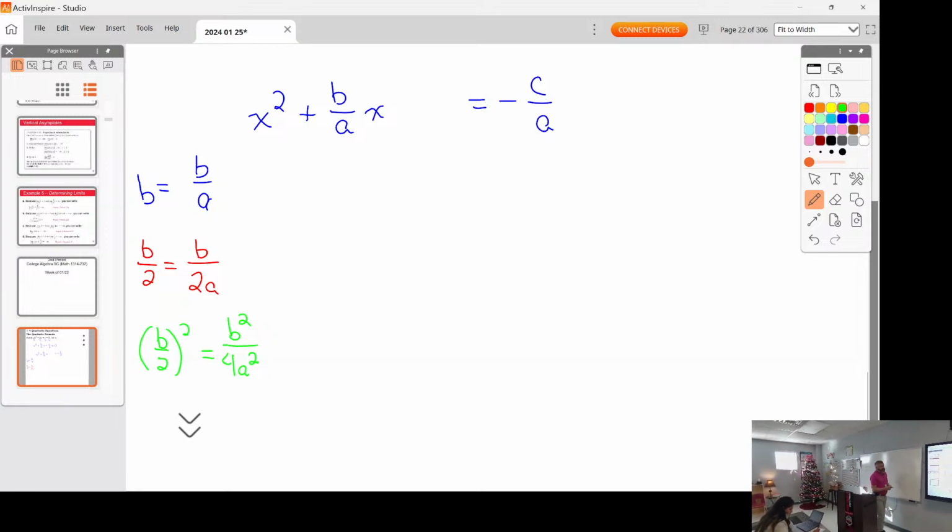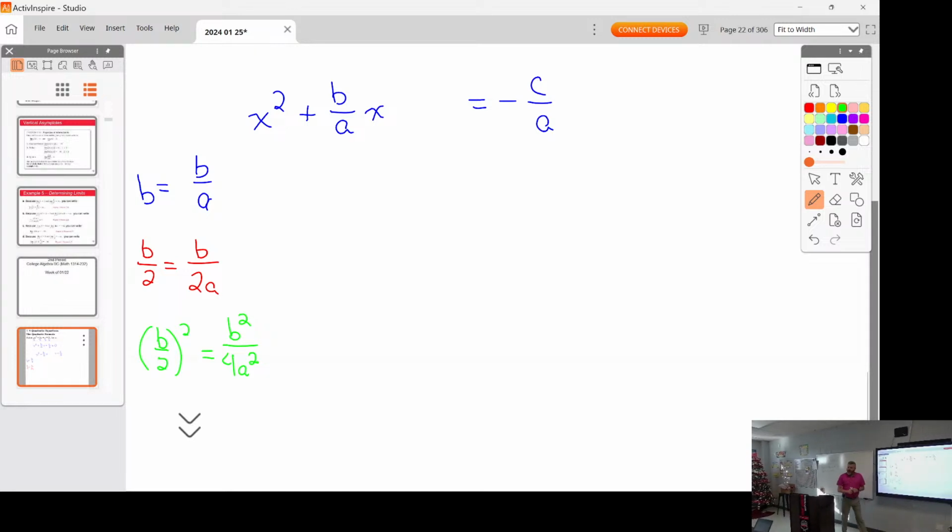Okay. To complete the square, what do I have to add to both sides? I add the perfect square. I will add that to both sides.